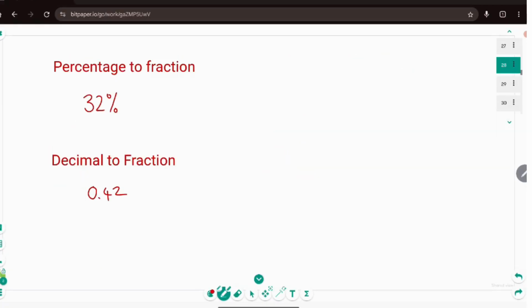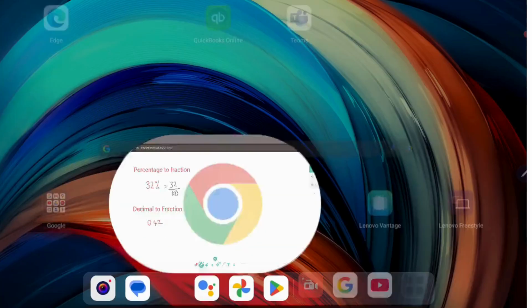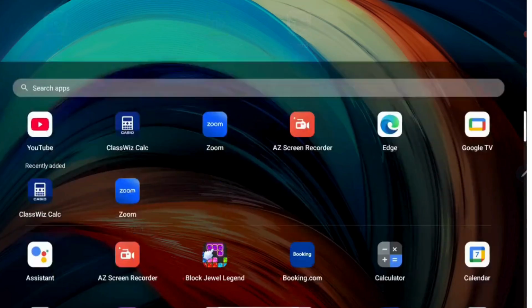Okay, percentage to a fraction. We'll ask you to simplify as well. Percentage, 32% means 32 out of 100. So I'm going to write it out of 100. And then I'm going to use my calculator to simplify.